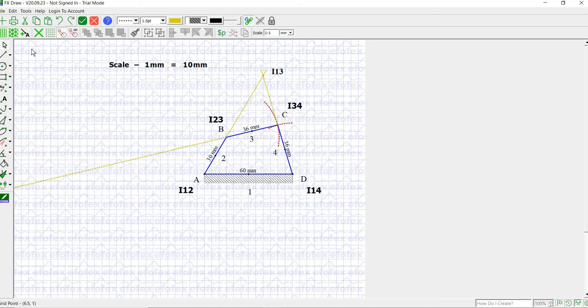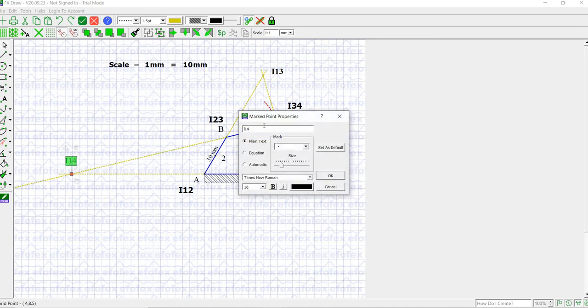So again we'll draw a line starting from here, and it should contain both I12 and I14. So this meeting point will be our I24. This intersection point will be I24.